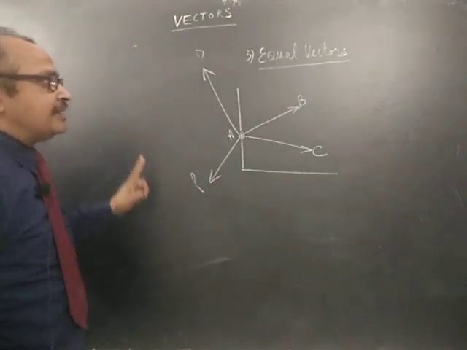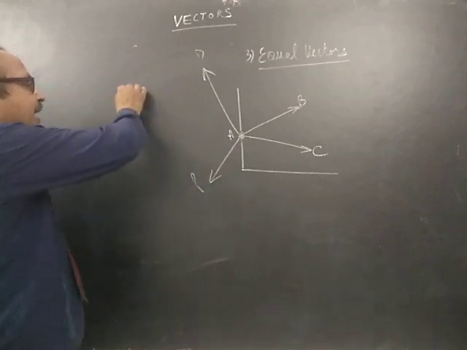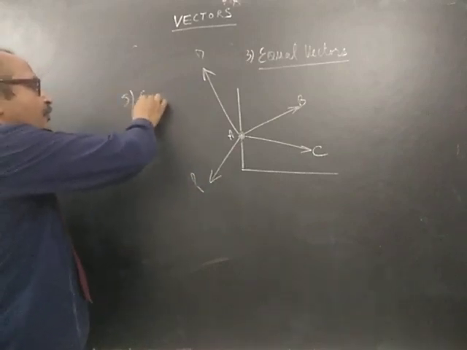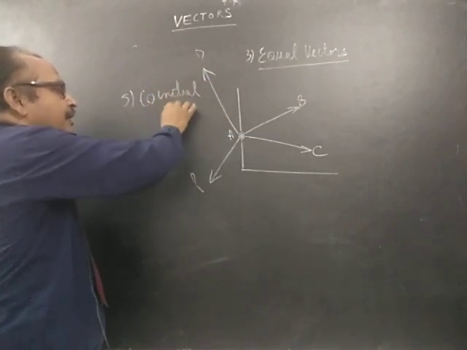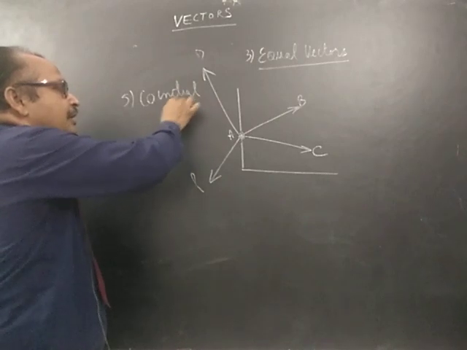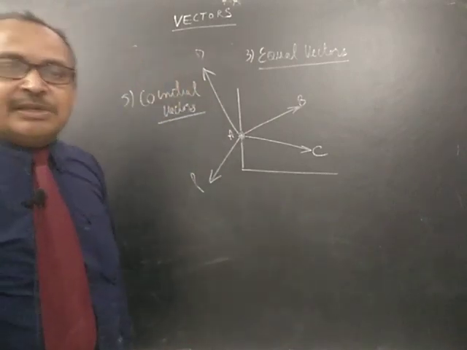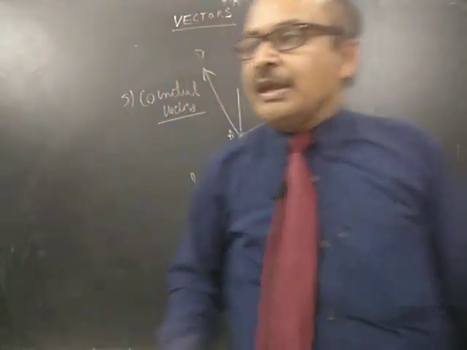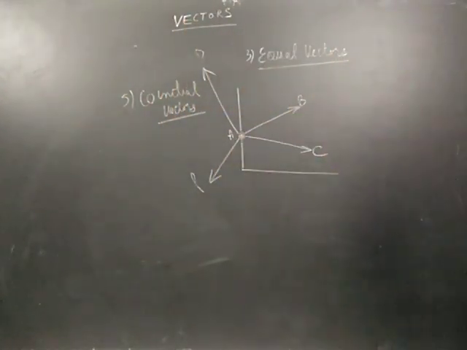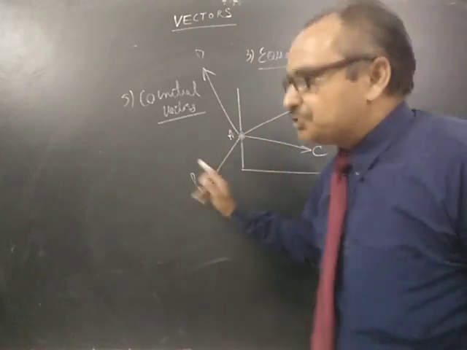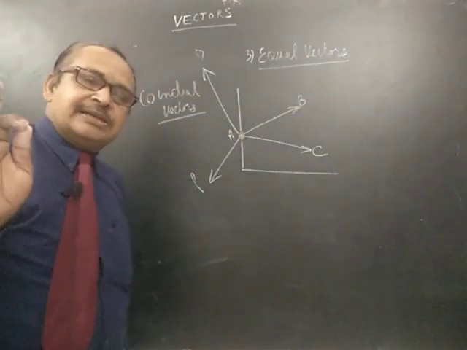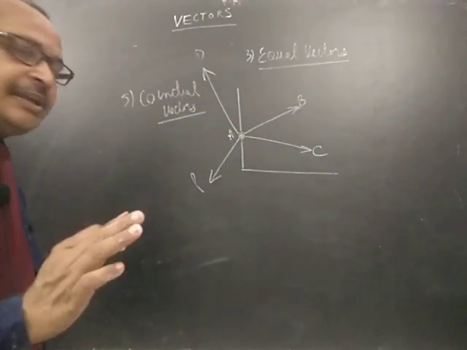So all these vectors will be termed as another type of vector which we call co-initial vectors. Co means common and initial means initial point. So when I say co-initial vectors, it means all these vectors have a common initial point. Is it clear? Okay?